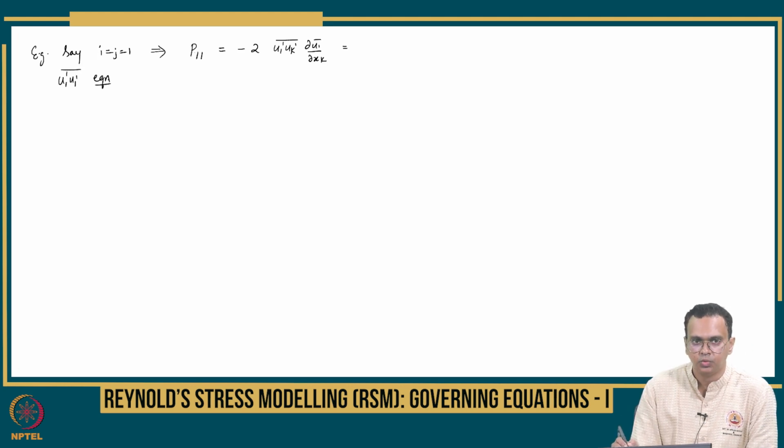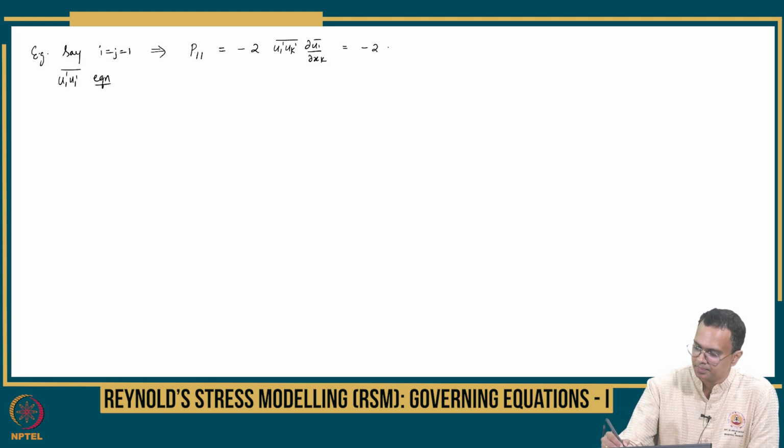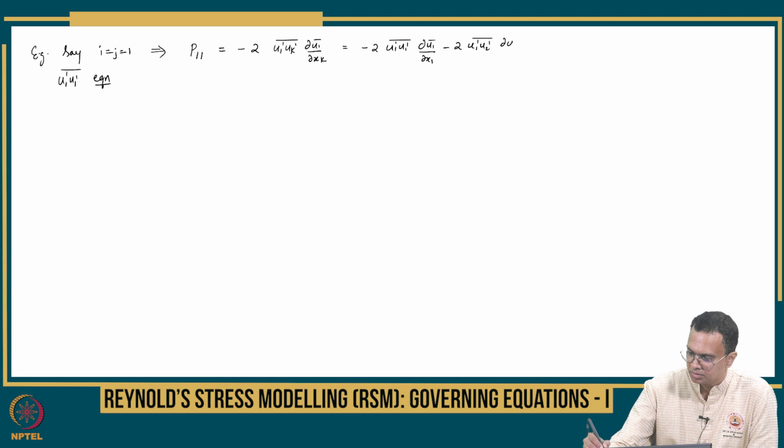P11 appears in the u1 prime transport equation. For that, I get minus 2 u1 prime average dou u1 bar by dou x1 minus 2 u1 prime u2 prime dou u1 bar by dou x2 minus 2 u1 prime u3 prime dou u1 bar by dou x3.